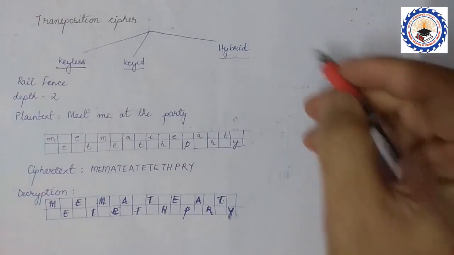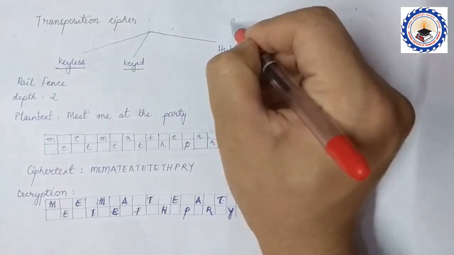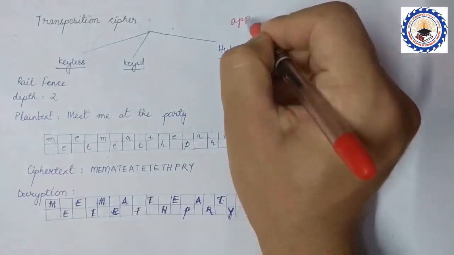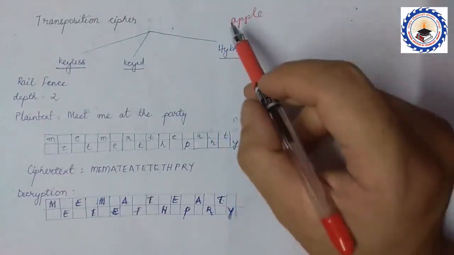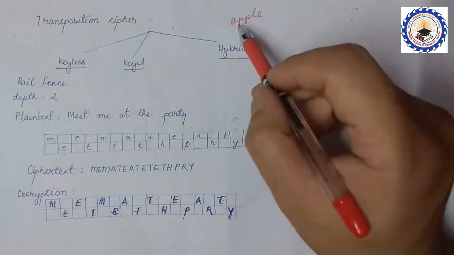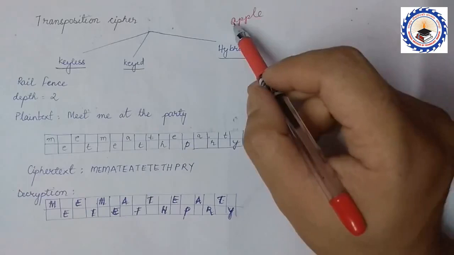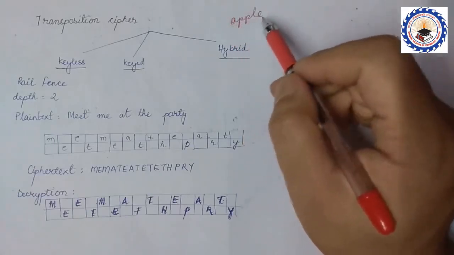For example, if the given plain text is apple, A, P, P, L, E, then we are just transposing the places of the letters, which means we are performing permutations of the positions.